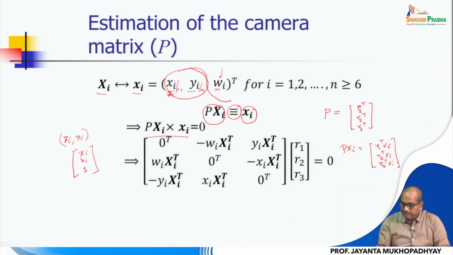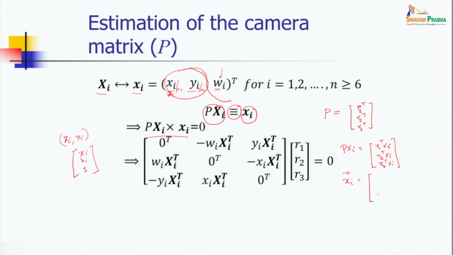And you also have the image observation. Let me use the arrow just to denote that this is a vector, and we have taken xi, yi, wi. You consider this representation. So you see that this is a vector xi.